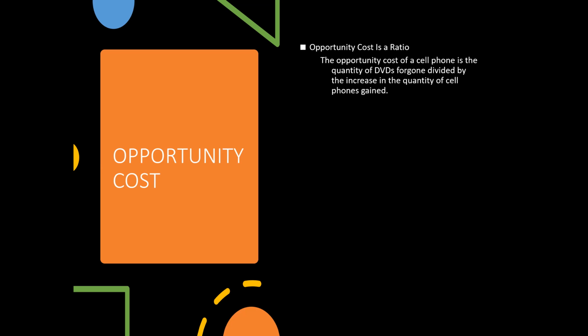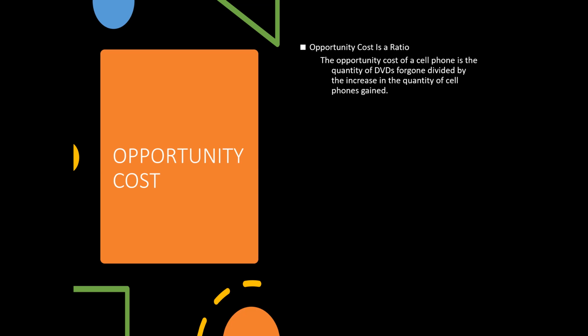If we talk about the formula, opportunity cost is basically a ratio. The opportunity cost of a cell phone is the quantity of DVDs foregone divided by the increase in the quantity of cell phones gained. Simply, we can say how much we have to forego or leave in terms of DVDs to get one additional cell phone.